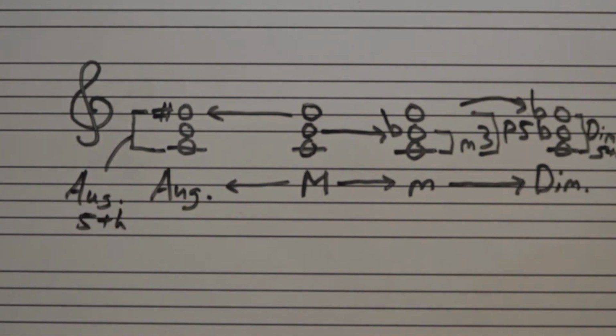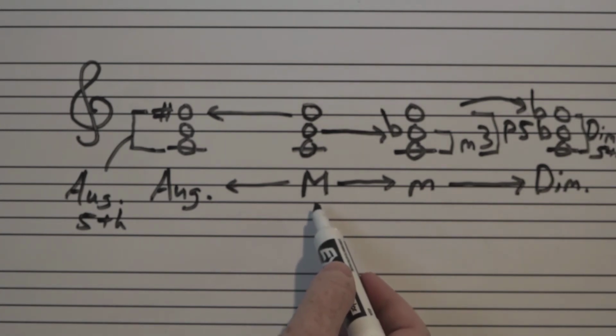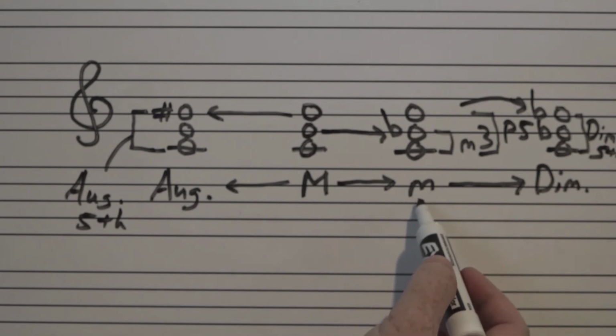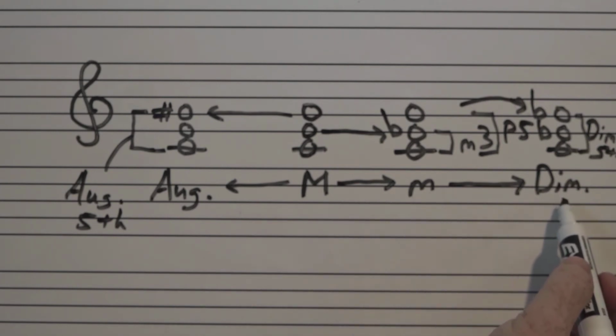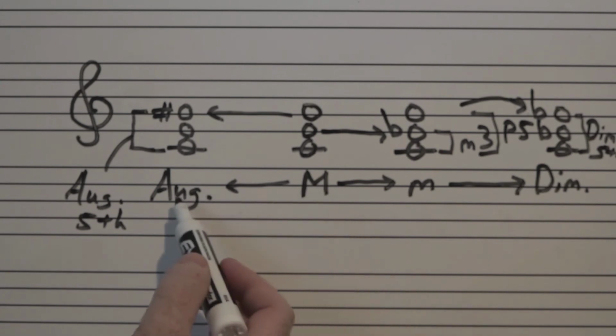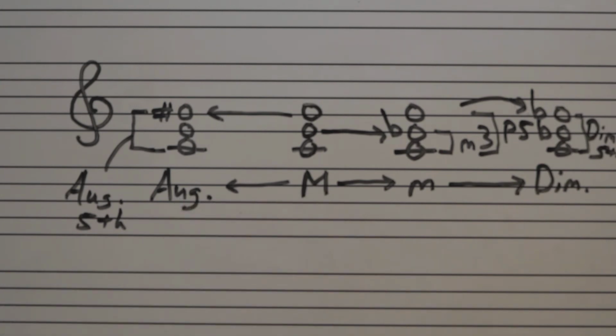And that will make an augmented triad. So there are the 4 you need to know. Major, lower the 3rd to get to minor, lower the 5th to get to diminished, and back to major, raise the 5th to get to augmented.